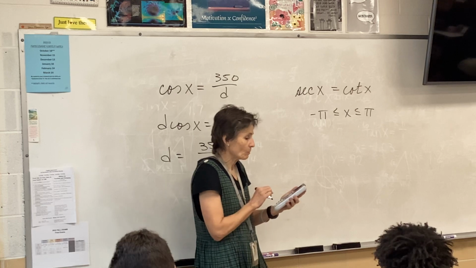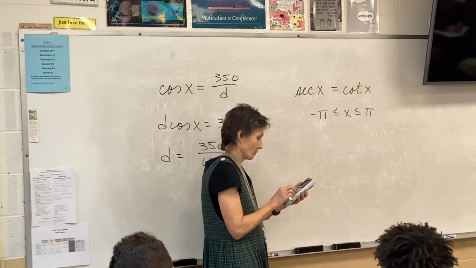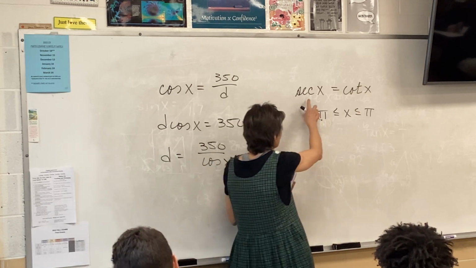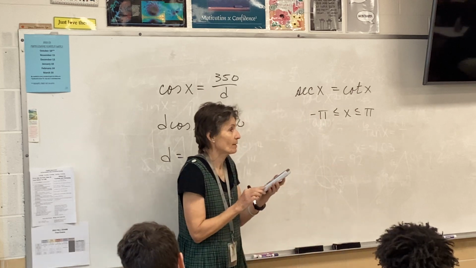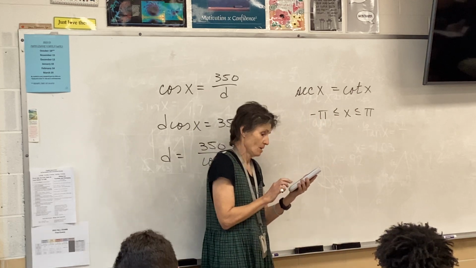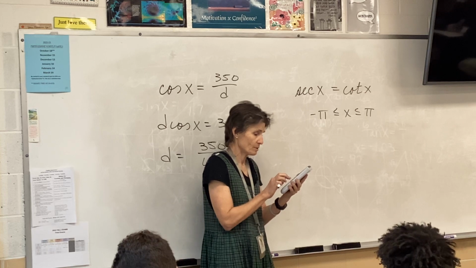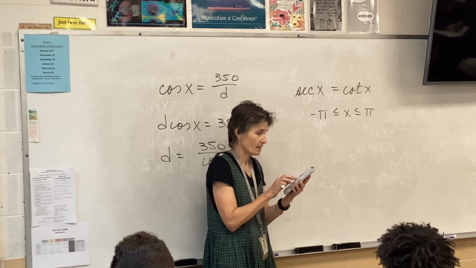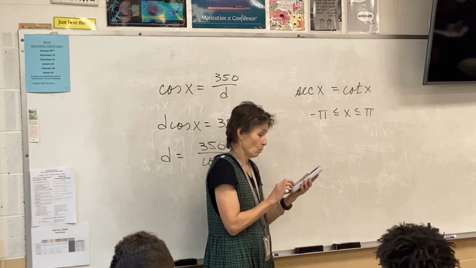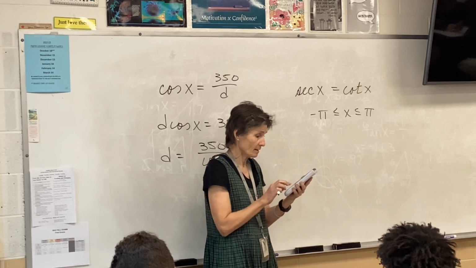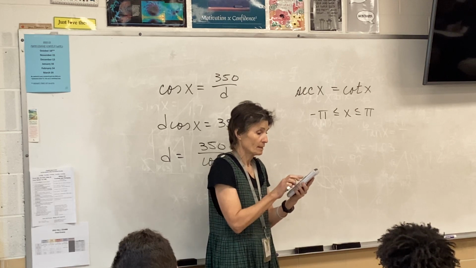I'm going to go to y equals, and I'm going to type in, oh, how do I tell my calculator to graph secant? 1 divided by cosine x, okay, and then 1 divided by tangent x, and hit graph.